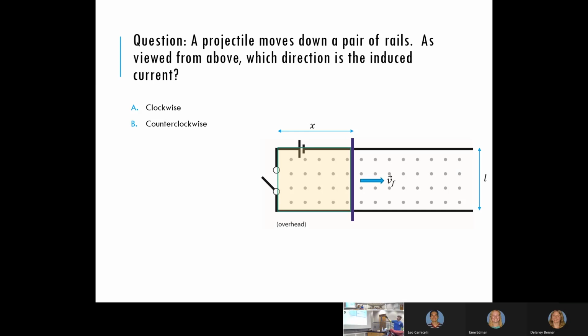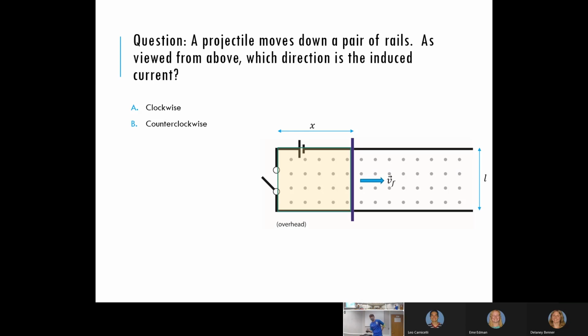And as the projectile, the blue bar, moves down the rail, which direction is the induced current running through that blue bar? Again, it's an application of Lenz's law here. I want to know the direction of the current, not the magnitude. To get the magnitude, we have to apply Faraday.